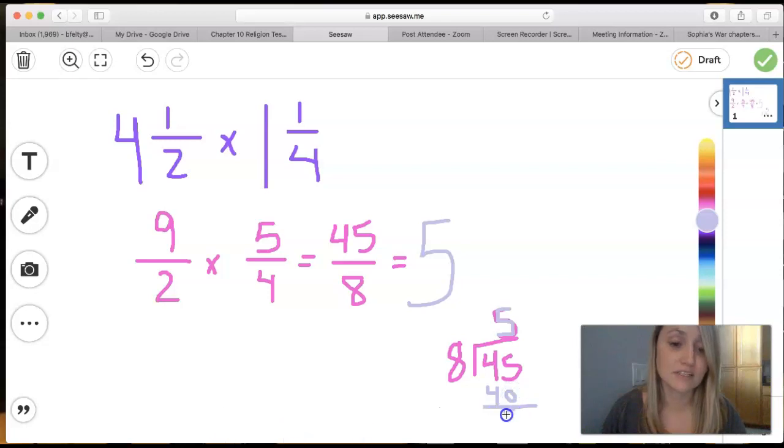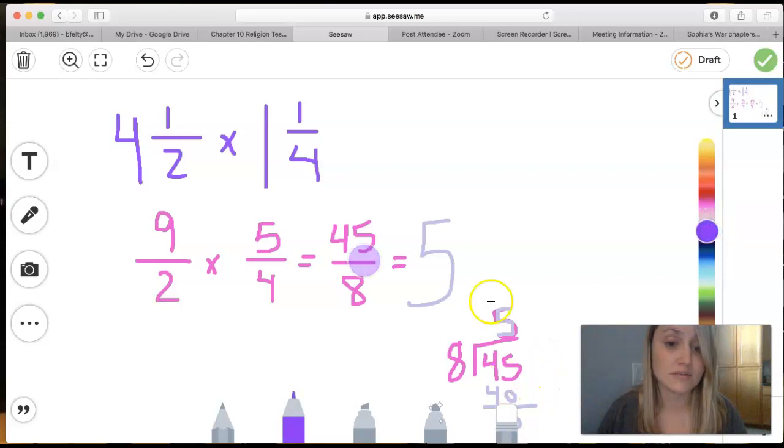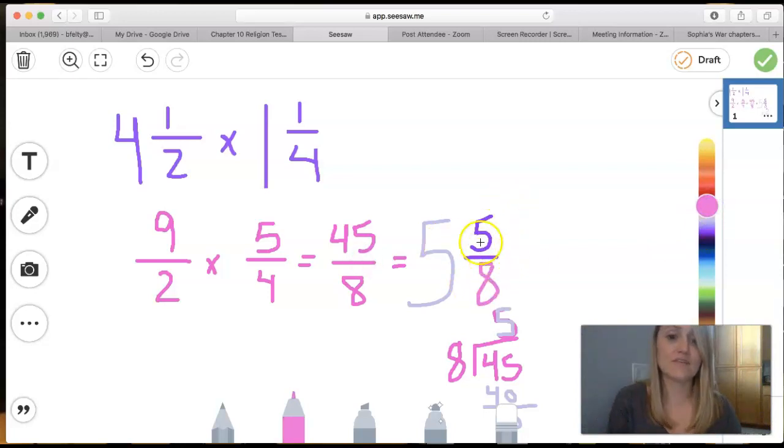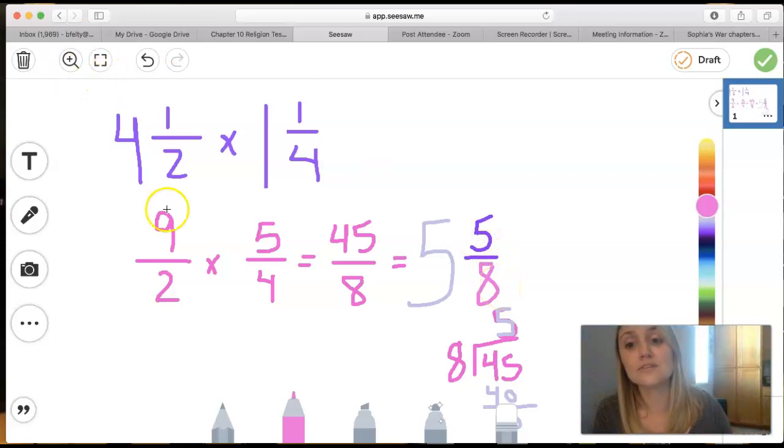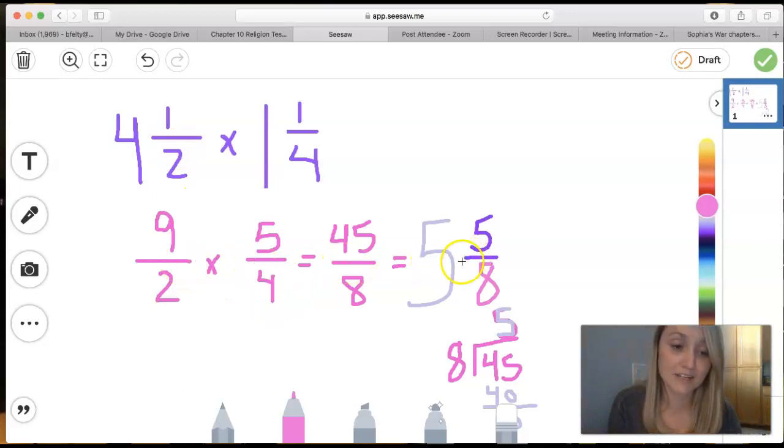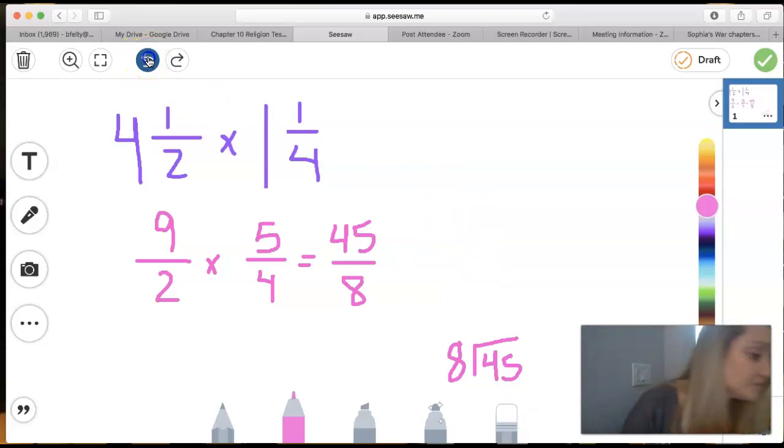Our remainder is 5. So 5 will be our numerator, and our denominator stays the same, and it's going to be 8. Okay, so it would be 5 5/8. It's kind of crazy because you actually have to put them into improper fractions first, and then usually you're going to have to put it back into a mixed number. So it's a little different.